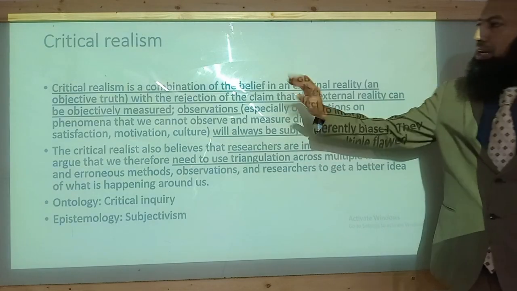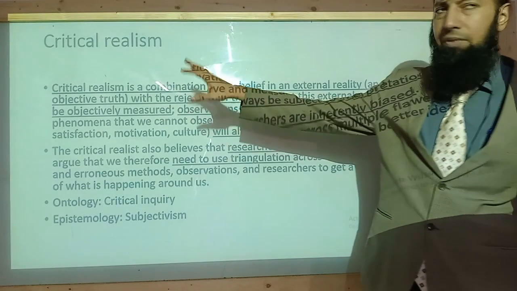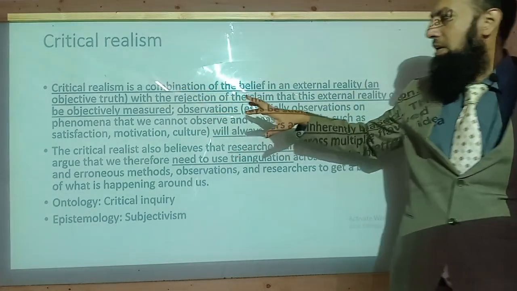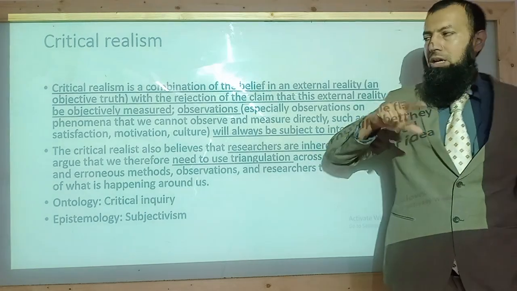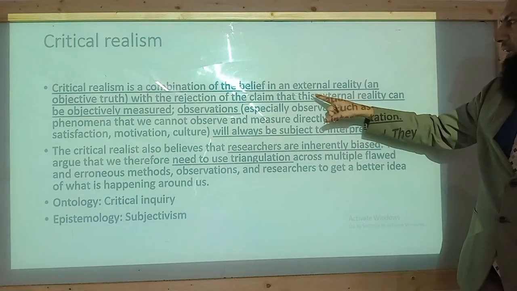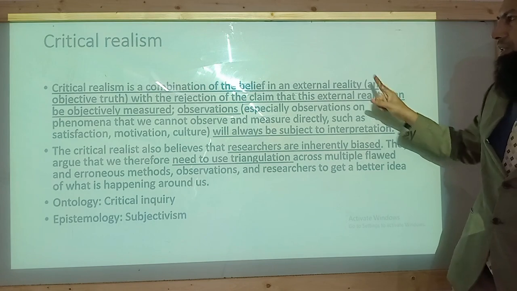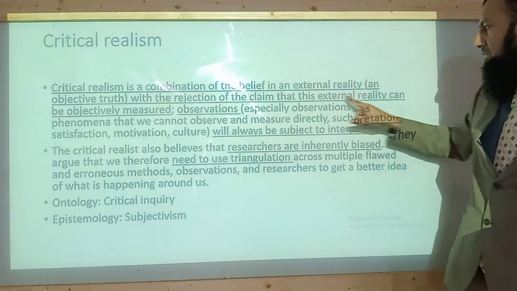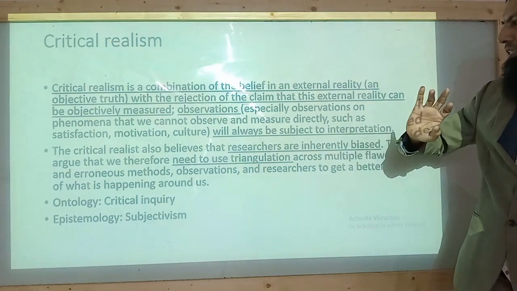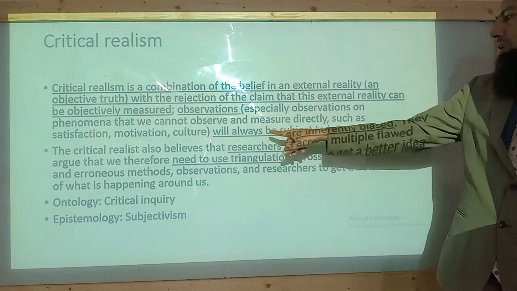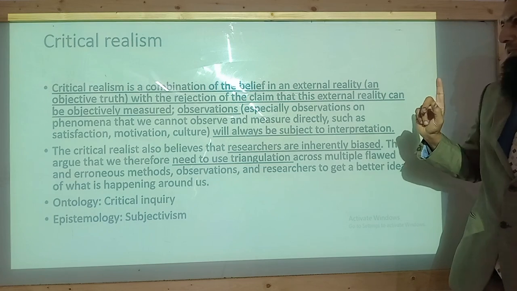Next is critical realism. When we say critical realism, it is a combination of the belief in an external reality with the rejection of the claim that this external reality can be objectively measured. Observations will always be subject to interpretation.